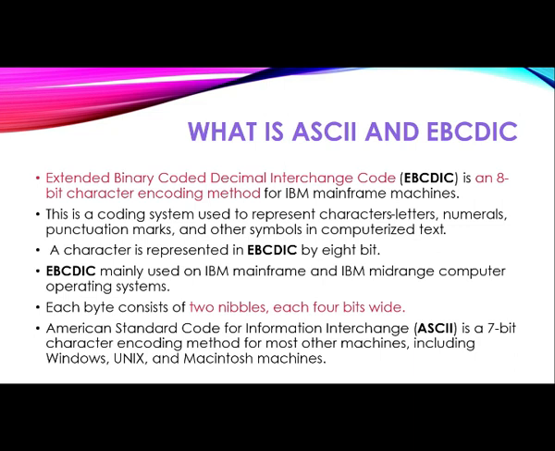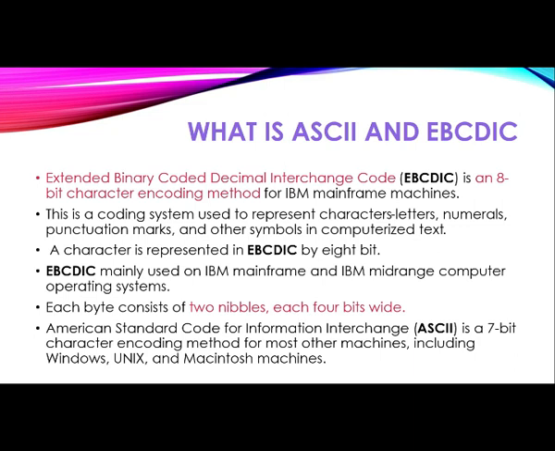And ASCII, American Standard Code for Information Interchange, is a 7-bit character encoding method for most other machines, including Windows, Unix, Macintosh machines, etc. So here we clearly understand that ASCII and EBCDIC are used as an intermediator between us, meaning human, and computer language.